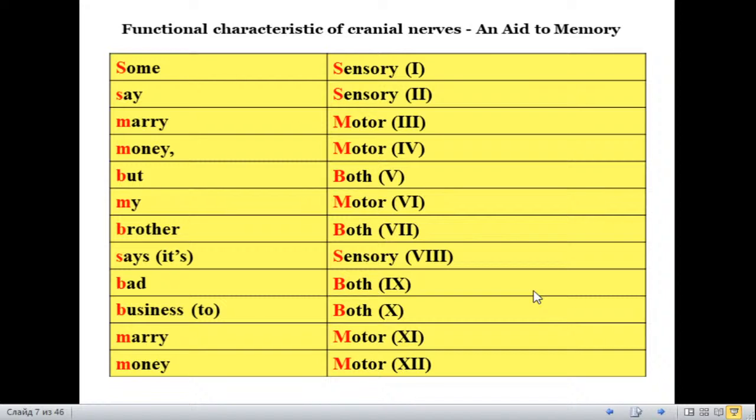So, some, first cranial nerve, number one, sensory; say, second, sensory; marry, third one, motor; money, fourth one, motor; but, fifth cranial nerve, both sensory and motor, so it is mixed. Next, my, sixth, motor, and so on.